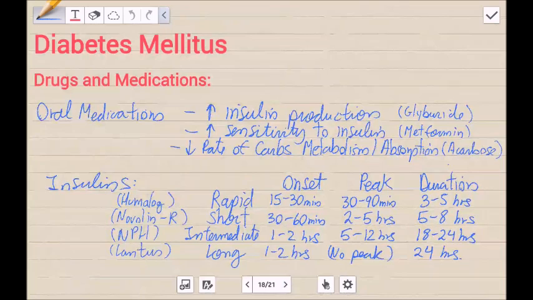Okay, so rapid insulin such as Humalog has a very quick onset and lasts anywhere from 3 to 5 hours. Novolin R is a shorter-acting insulin. It takes a little bit longer to kick in compared to the rapid insulin, and lasts a little bit longer, anywhere from 5 to 8 hours.